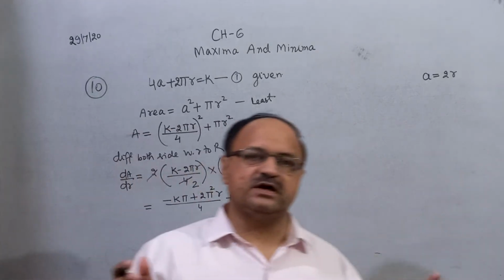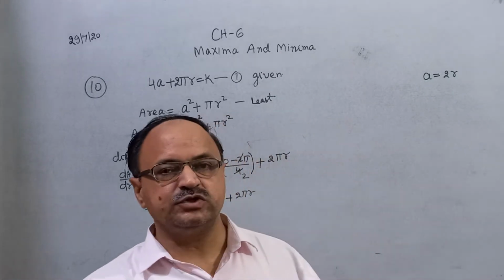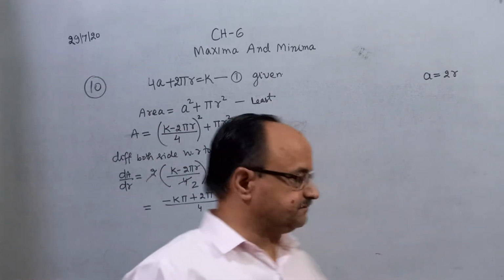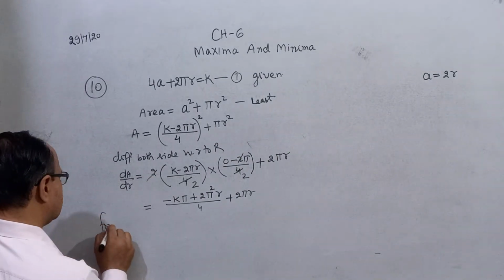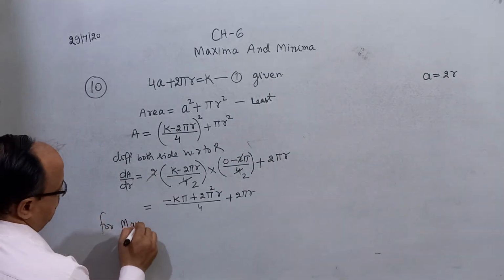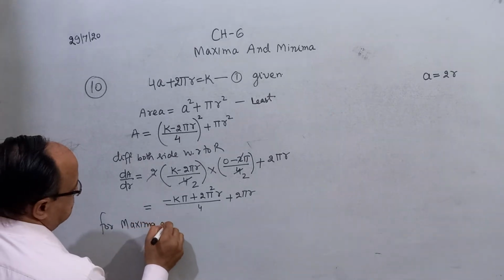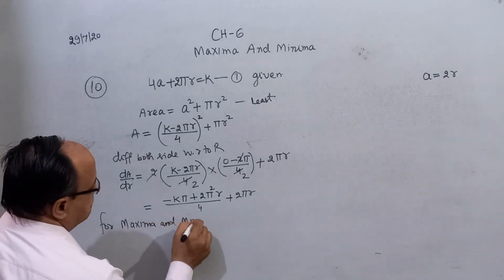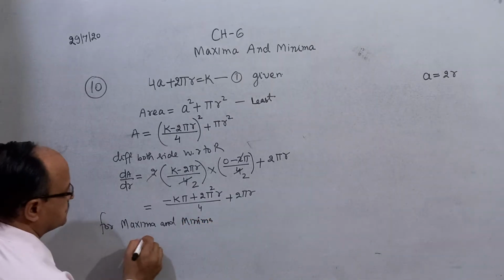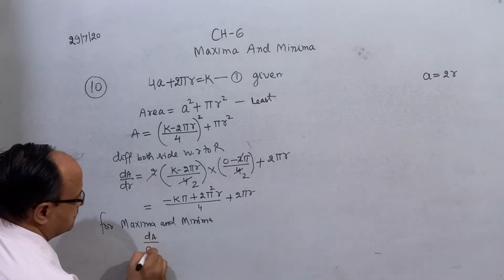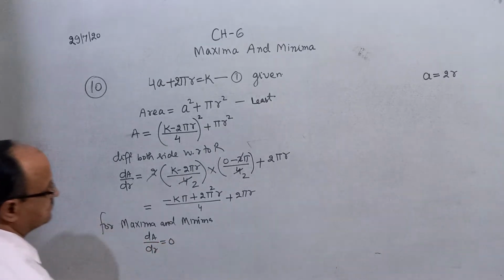For maxima and minima, we have to put the first order derivative equal to 0. Therefore, for maxima and minima, put dA by dr equal to 0.